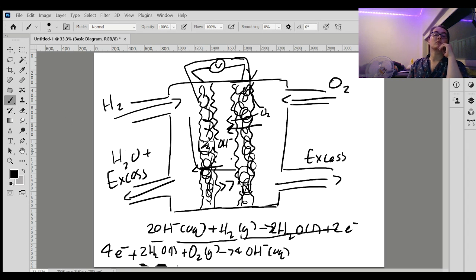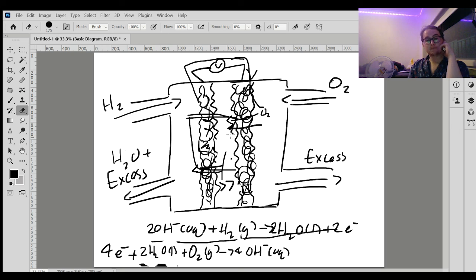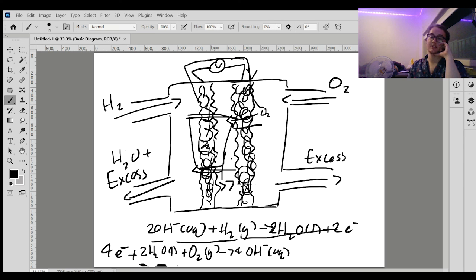Now, I'd like to talk a bit about this part in particular, this beautiful electrode. This electrode has some nice properties that make it very useful in this particular kind of cell. For one, it's very porous. This grants it a high surface area to volume ratio, which means more gas can get on it and react.